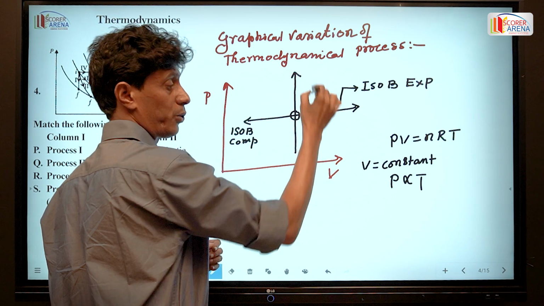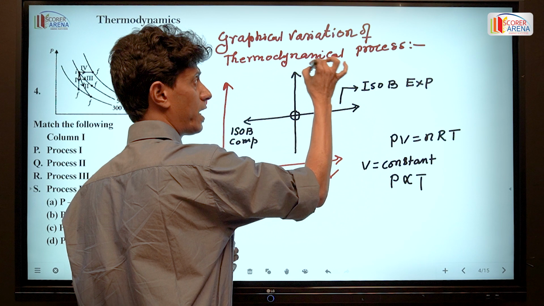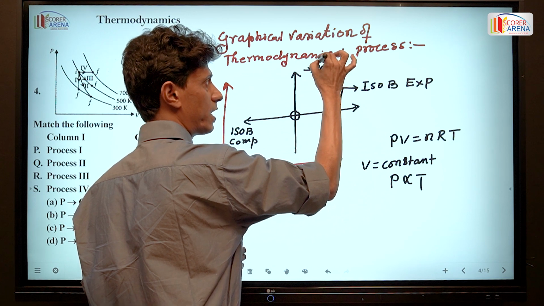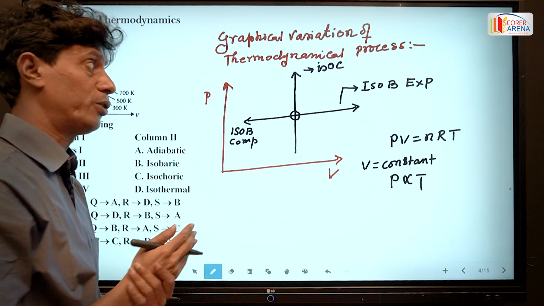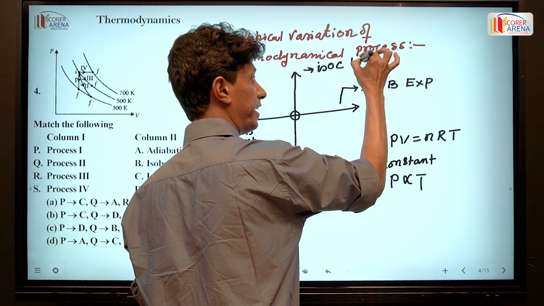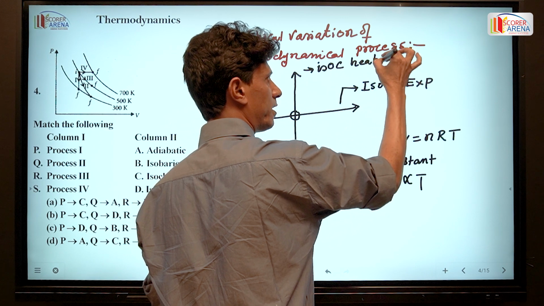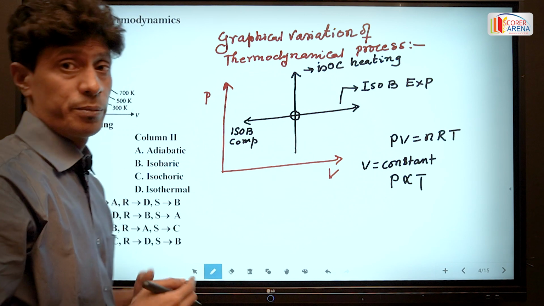So this arrowhead representing upward is representing an iso-C process, that is constant volume. Iso-C, actually we can say it is heating. This can be written as iso-C heating.